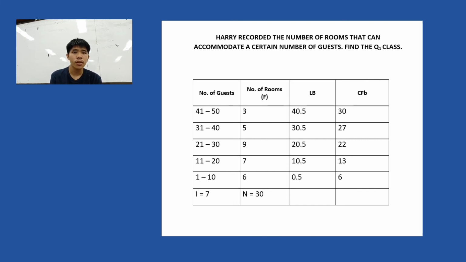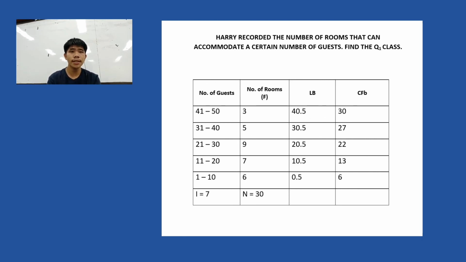Next to this is the column for our CFB, or our cumulative frequency below. To get the first value of our CFB, we will simply copy the frequency from the lowest value of guests. That frequency is 6.